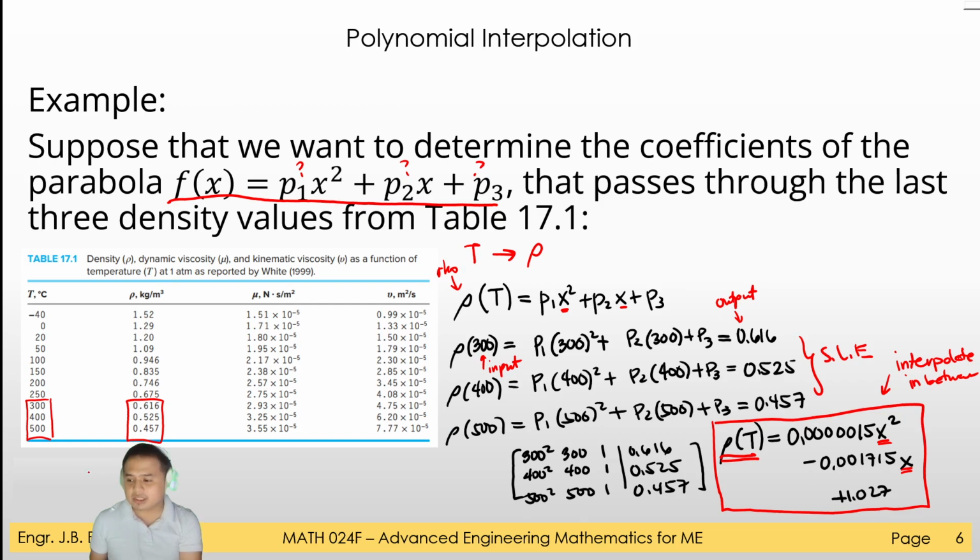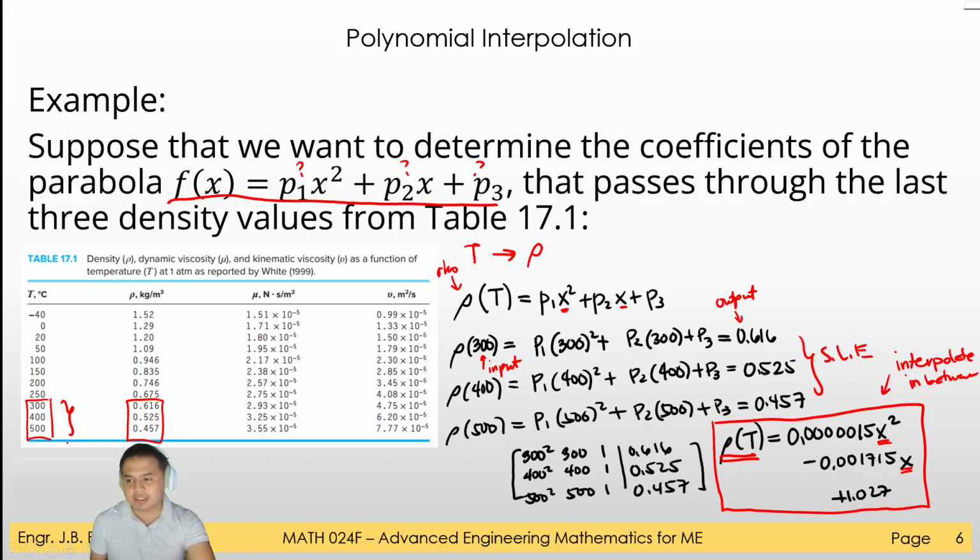If it is outside this range, 300 to 500, let's say 200, then it might not get this value, or sorry, this 0.746. So it is useful if you want to find, let's say, the density at a temperature of 350 degrees Celsius.